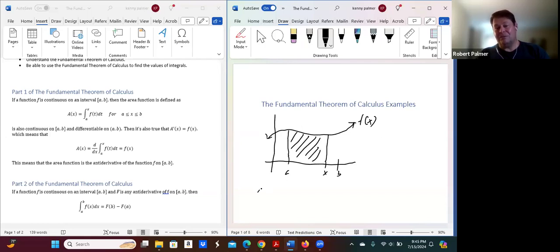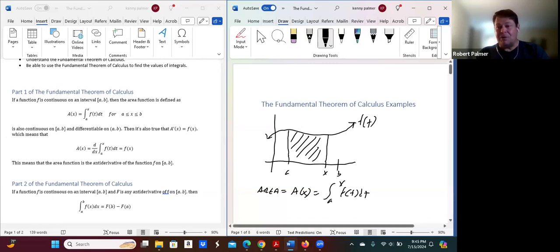That area is given by this area function, the definite integral from a to x of f of t dt. We find the area under the curve from a to x, and that's our area function.